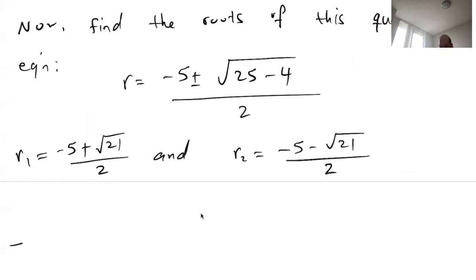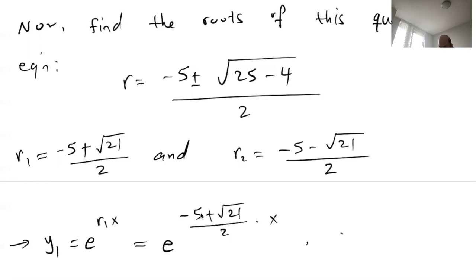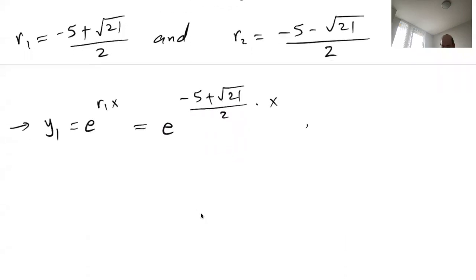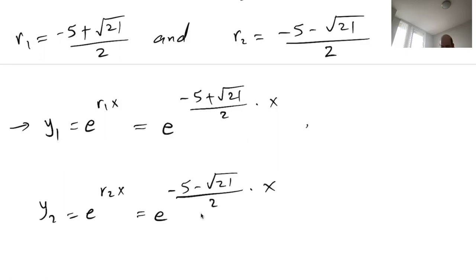And then y1 will be equal to e to power r1x, which equals e to power -5 plus root 21 divided by 2 times x, and y2 will be e to power r2x, that's e to power -5 minus root 21 divided by 2 times x.